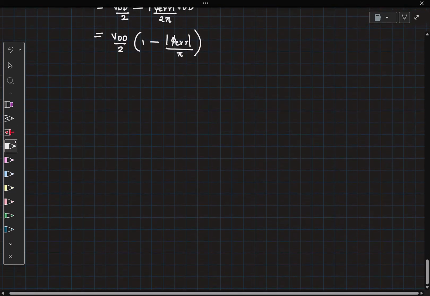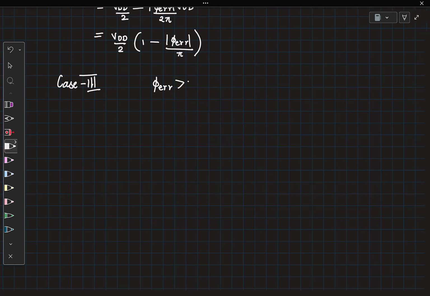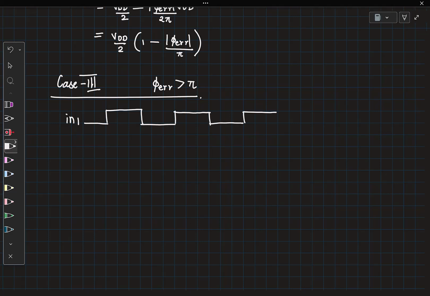So case 3 is for phase error just slightly greater than pi. Your in1 looks like this, and in2 has occurred after a delay greater than t clock by 2.